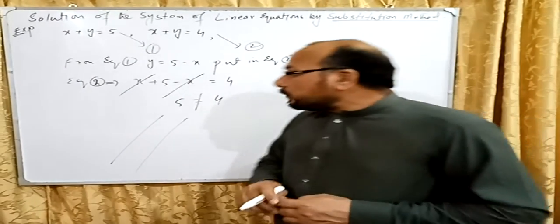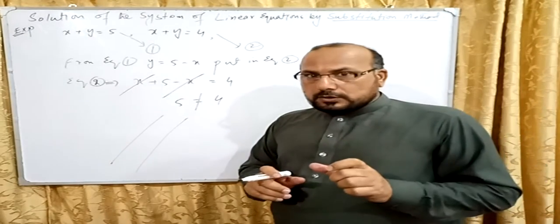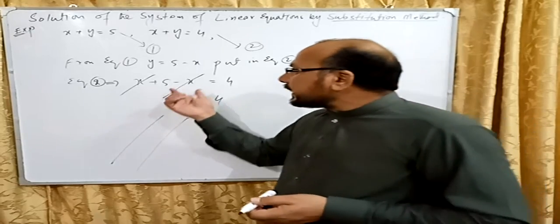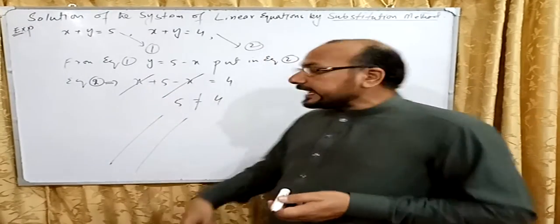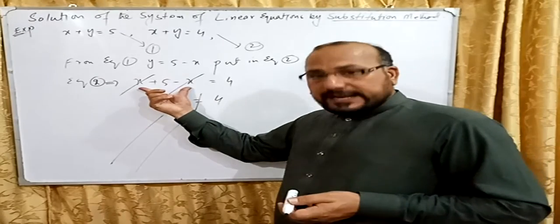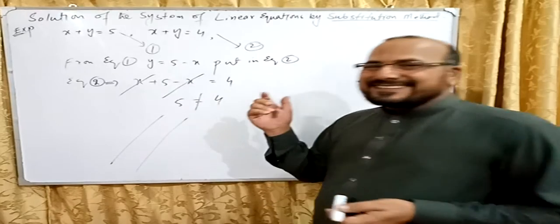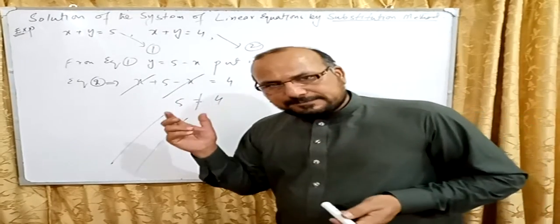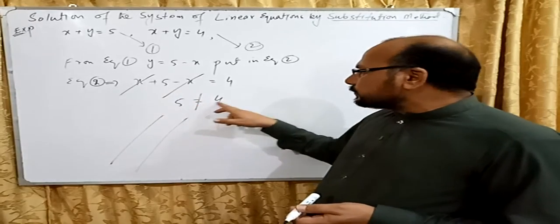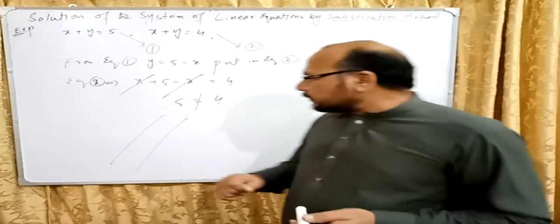But you need to understand that when you find the value of a variable and the variables vanish, like here x gets cancelled, but at the end we get a false statement, not a true statement. At the end we get 5 equal to 4, which is not equal.